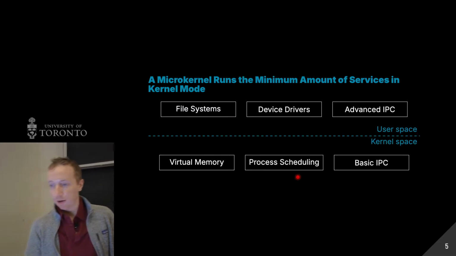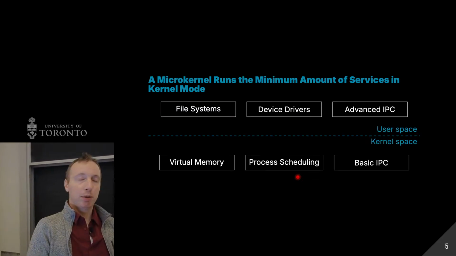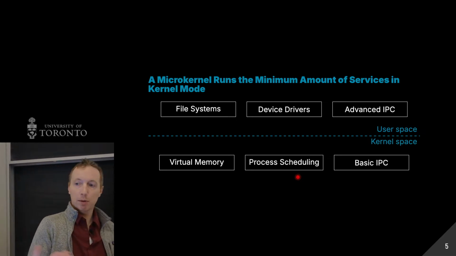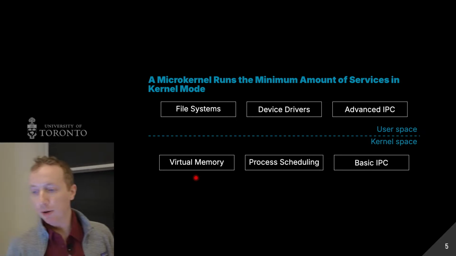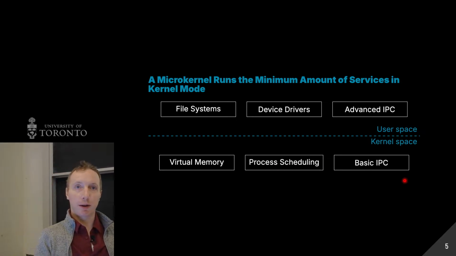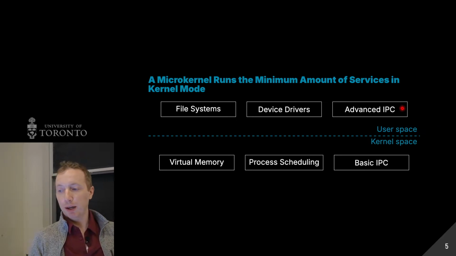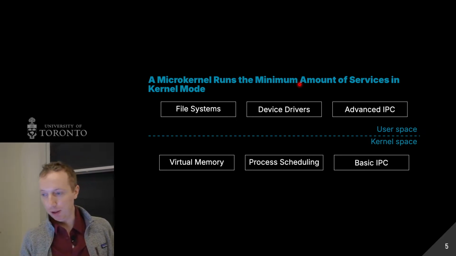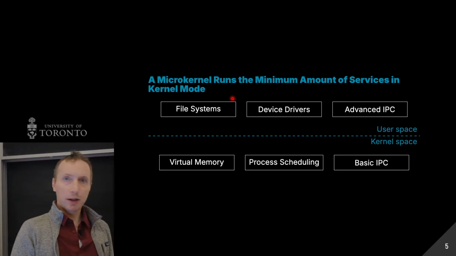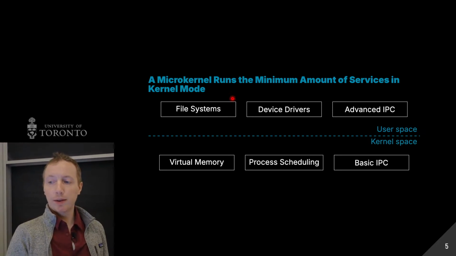So some kernels, the complete opposite architecture of that is a microkernel that tries to run the minimum amount of services in kernel mode. So only virtual memory, process scheduling, basic IPC run in kernel mode, and then user space would have more advanced forms of IPC, device drivers, and file systems. But generally, things don't do this.